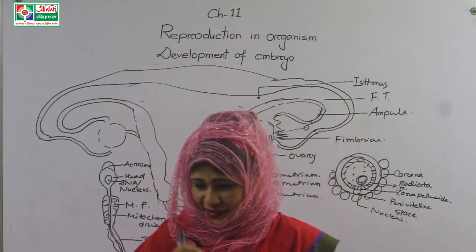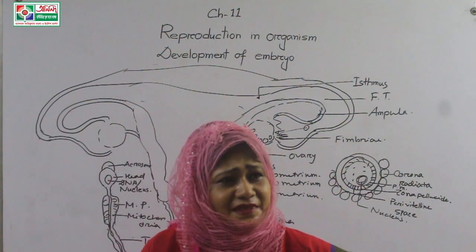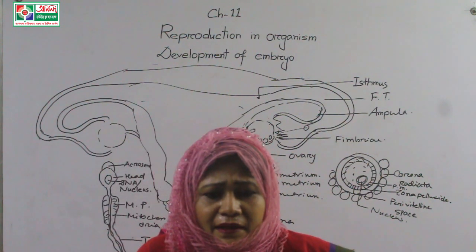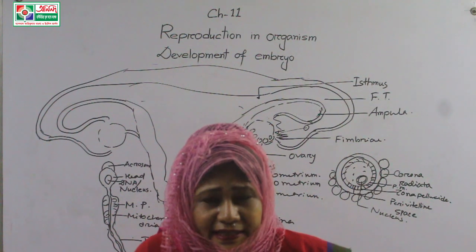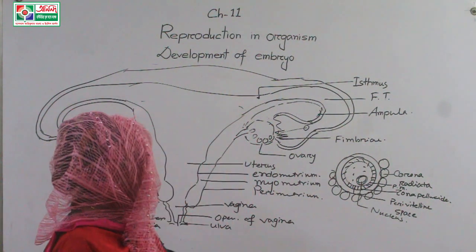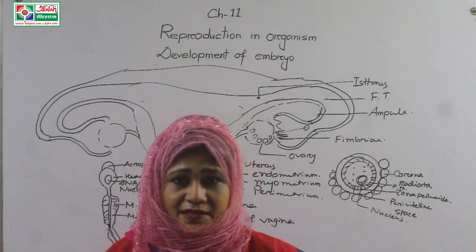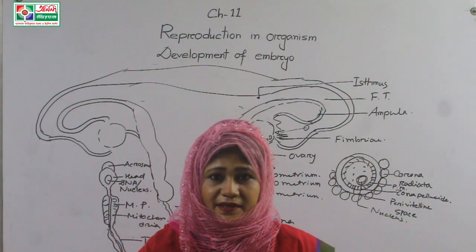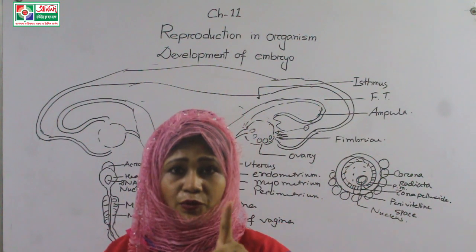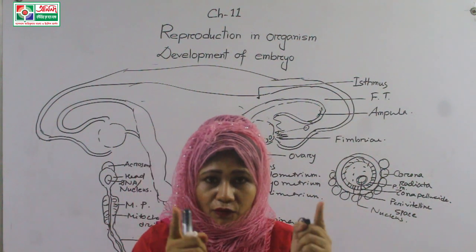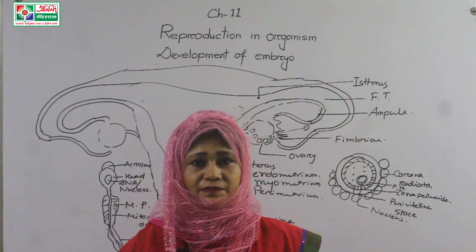If I talk about the barriers, the internal wall of the female uterus is more or less folded. That means the endometrium is folded in nature.